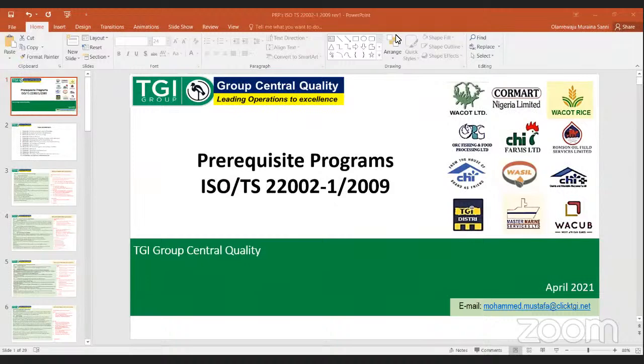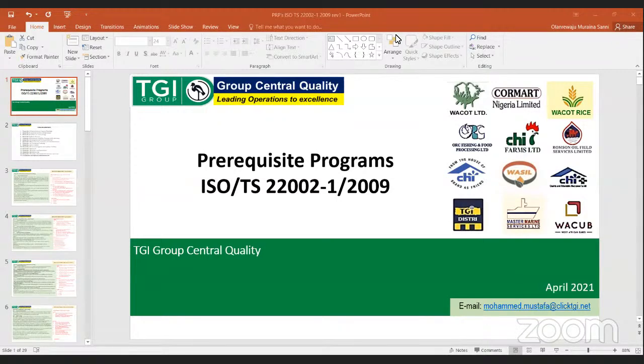That one is just a classification depending on the category of food industry which we all fall in. But for WAKI, we fall under category 1. So 2009 is the year of revision. The revision we had before this, I think, was in 2005, when the TS was newly adopted.